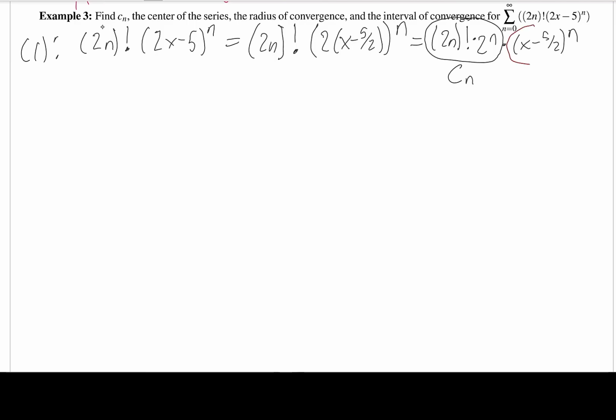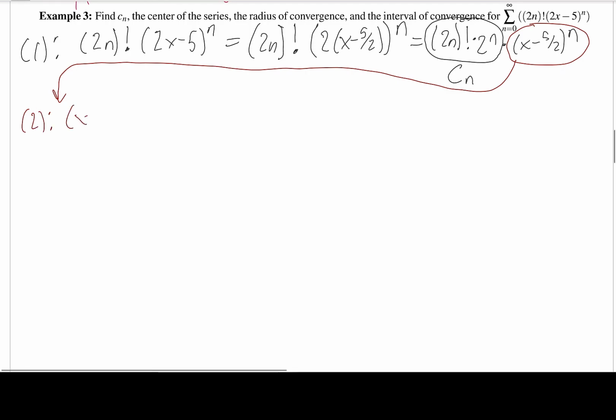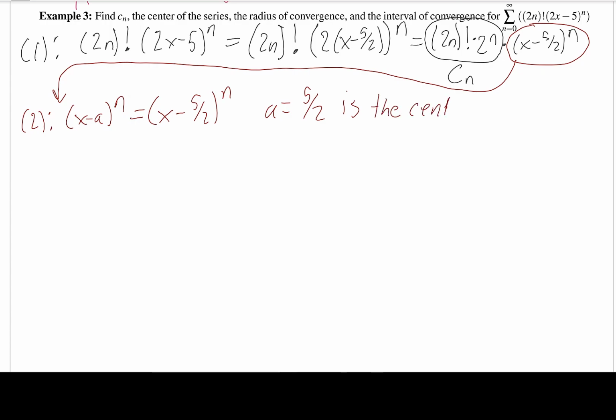Similarly, this part right here is going to help us find the center of our series. And so we can see x minus a to the n has to be equal to x minus 5 halves to the n. So that tells me that a equals 5 halves is the center of our series.